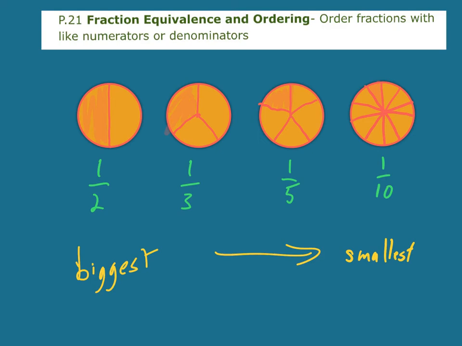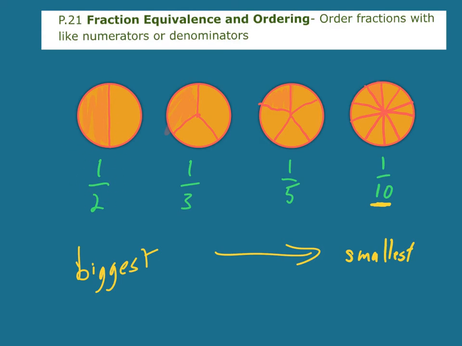And people get thrown off because 10 is a big number, but when you're talking about 1/10 of a pizza, it's a very small amount of that pizza, right? If I threw another one in here and I had a pizza that was sliced into 100 slices, 1/100th would be a tiny, tiny amount, where 1/2 of the pizza is a huge slice.